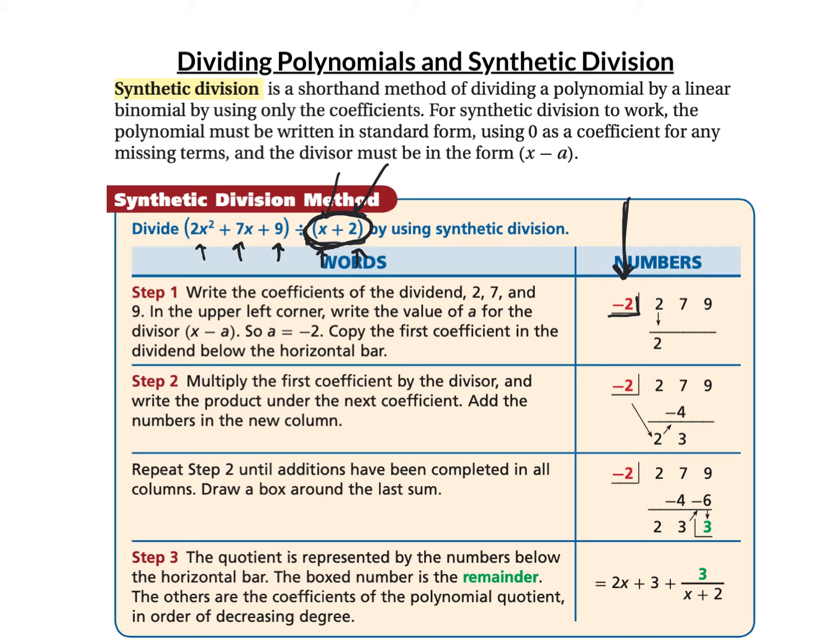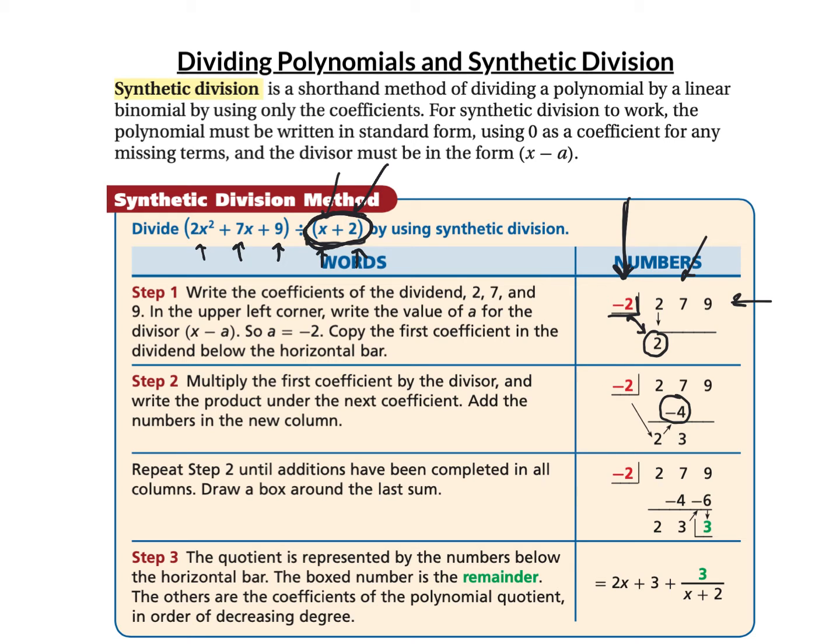Then notice we take the coefficients, 2, 7, and 9, and we write them out. Space them out enough that you don't put them together by accident. The first step then is to bring down the 2. Then you multiply the 2 and the -2. That's how we got the -4. Now with long division, we would subtract.